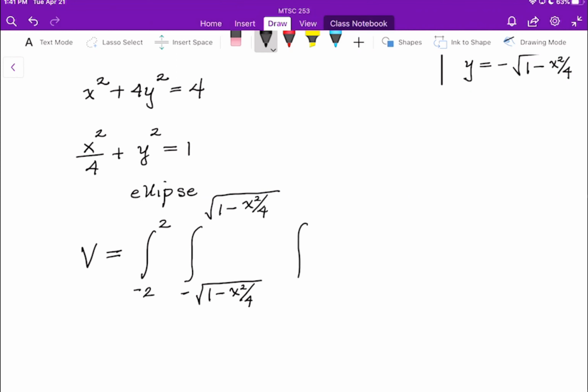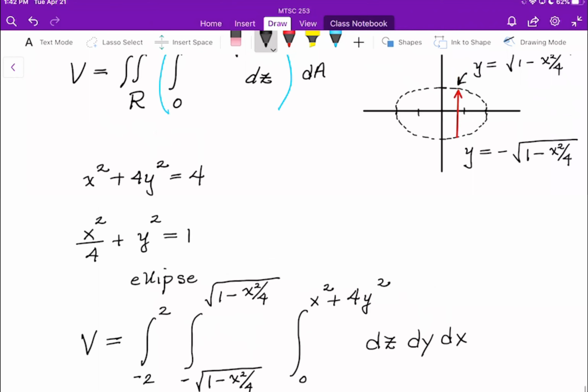And then z is going to go from 0 to x squared plus 4y squared. And now I can do dz, dy, dx.